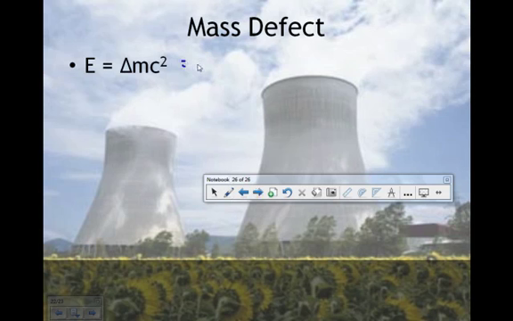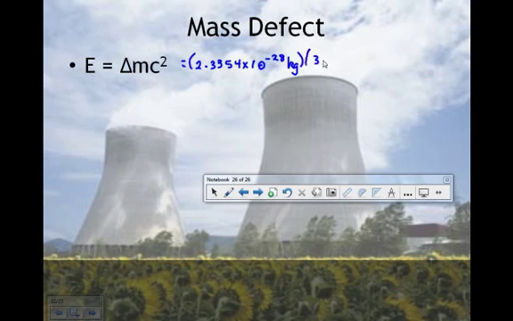Our change in mass was 2.3354 times 10 to the negative 28 kilograms. Get this into your calculator. And if I'm going too fast, just hit pause and catch up with me. Get this written down. All right, and then c is still the speed of light.